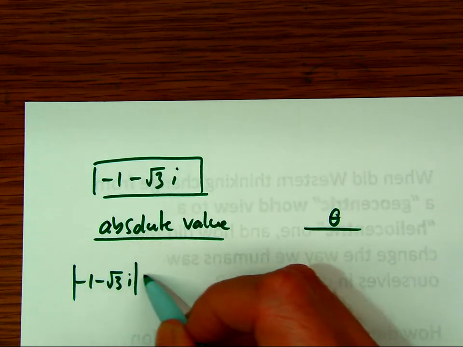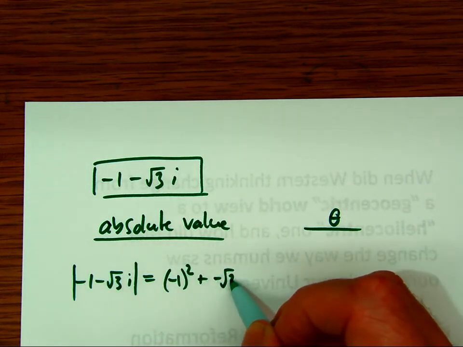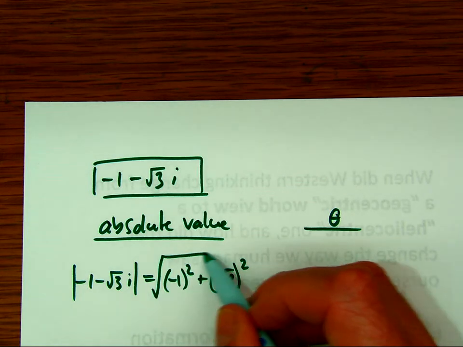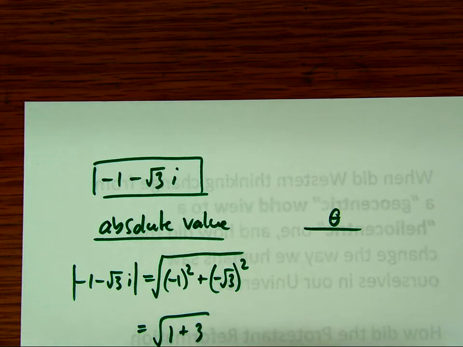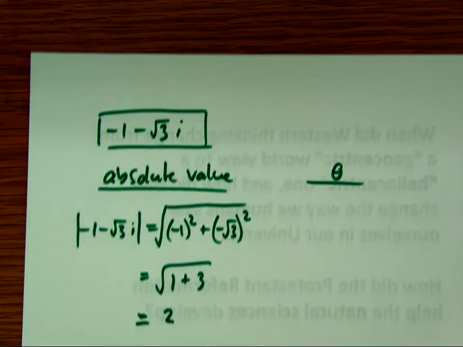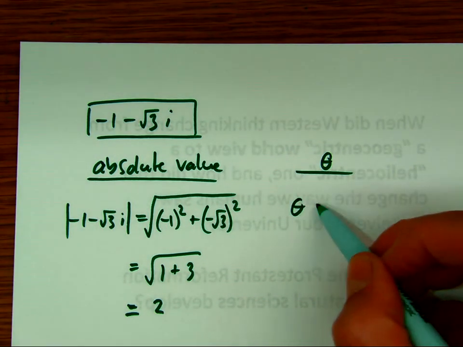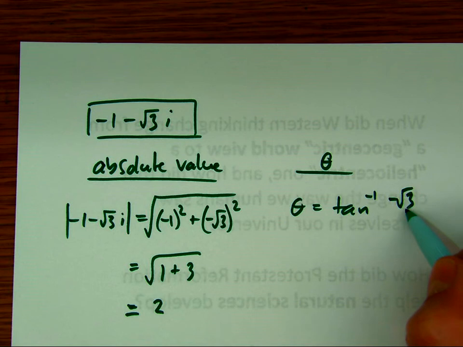The absolute value is squaring both components and then square root. Theta is the inverse tangent of the vertical over the horizontal.